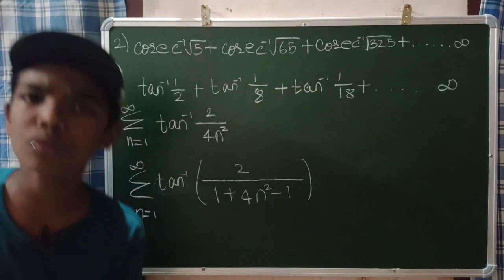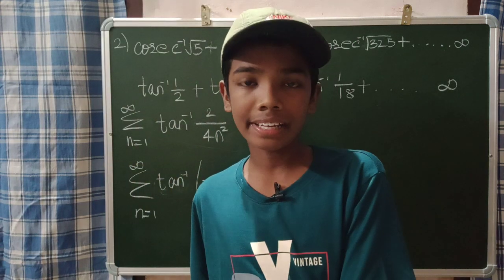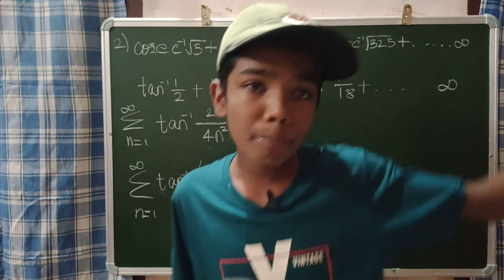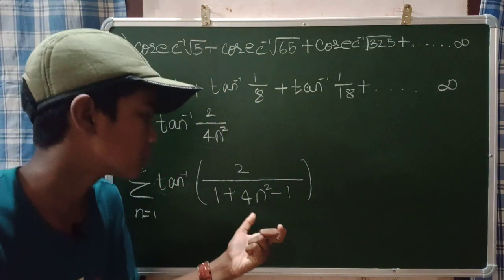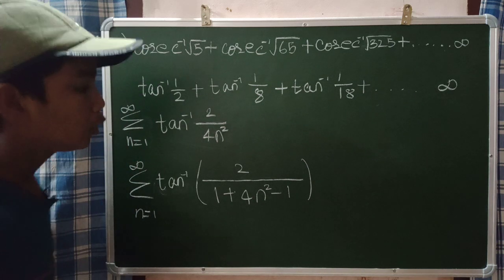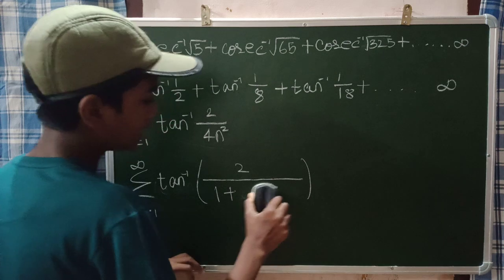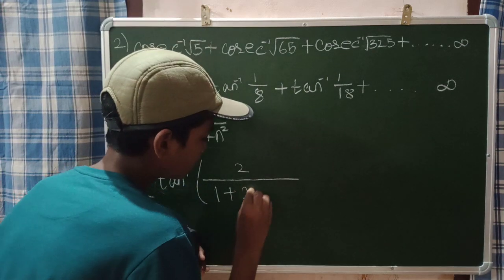That is 2n plus 1 into 2n minus 1, just by your a square minus b square identity, which is a plus b into a minus b. So this expression can be written as 2n plus 1 into 2n minus 1.